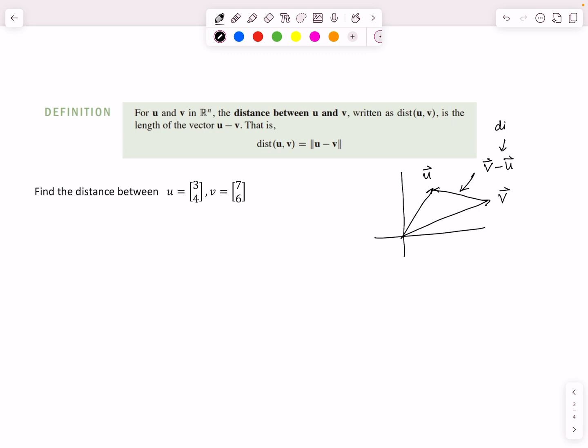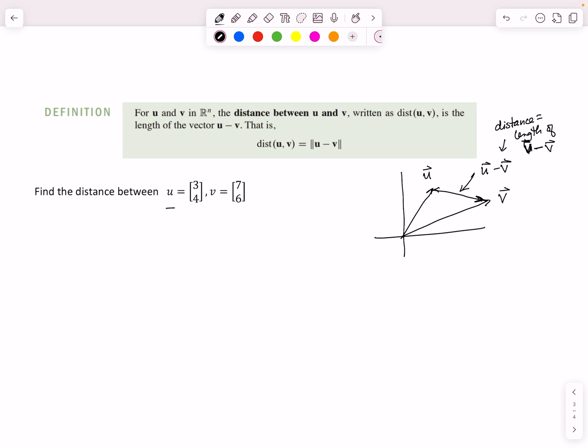So the distance is equal to the length of u minus v, not v minus u. To be honest, it doesn't really matter, since we're squaring, it doesn't matter which comes first and which comes second.